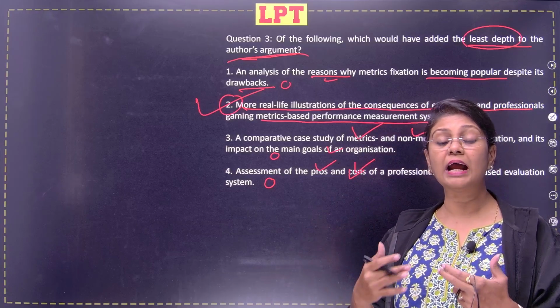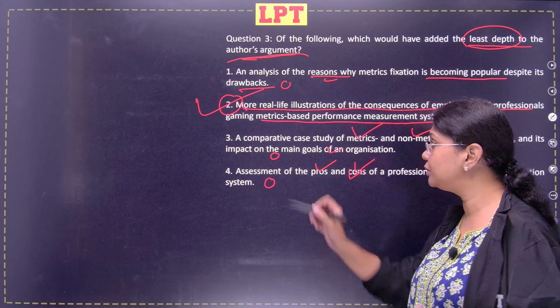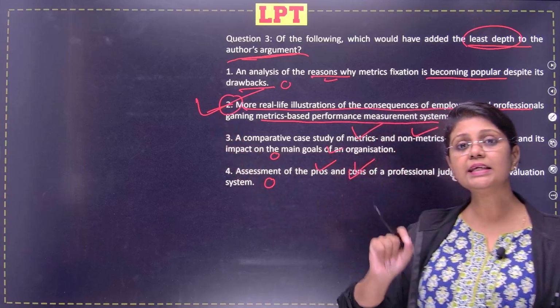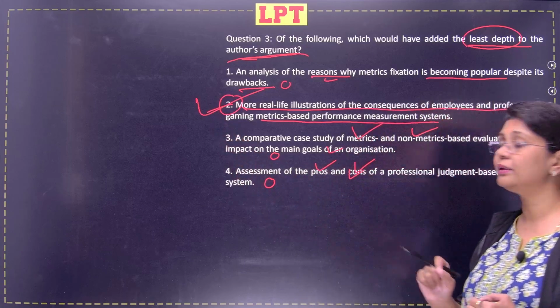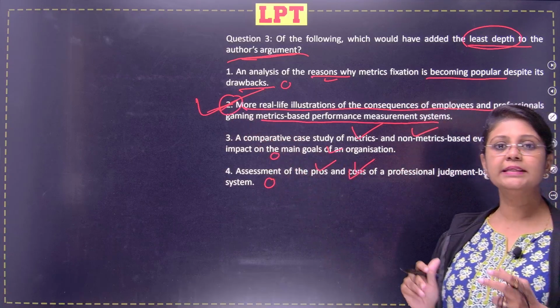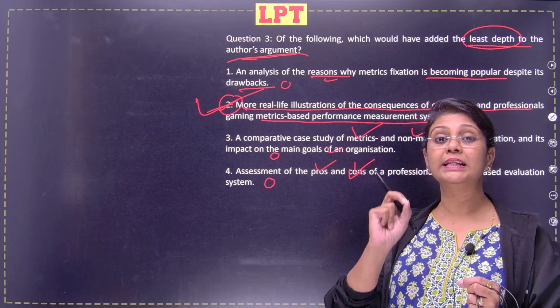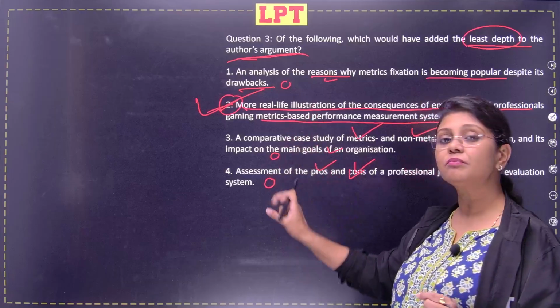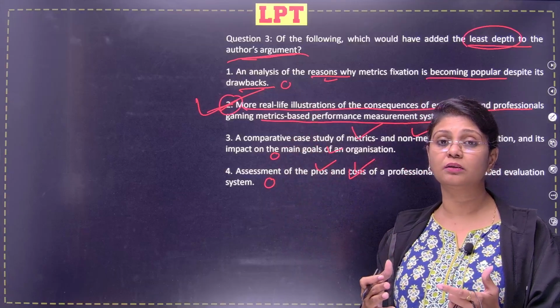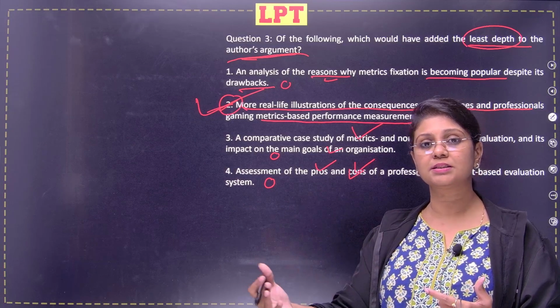Because that was the main focus of the author in writing this passage, this would have added least depth to the argument of the author, and hence second becomes the correct answer. Guys, it's just that you understand the question properly. It is asking you least depth, so the rest of the options would still have some sort of conclusion, some sort of results with respect to the author's argument.